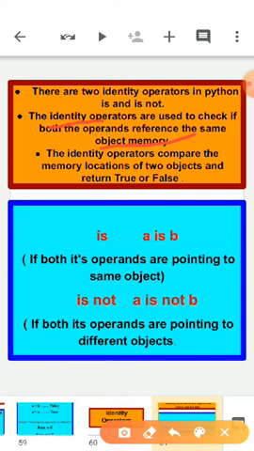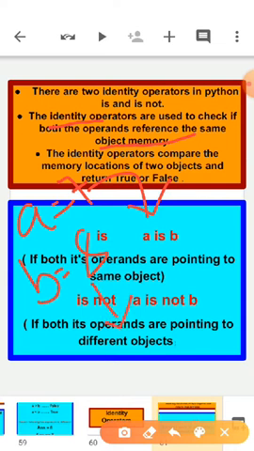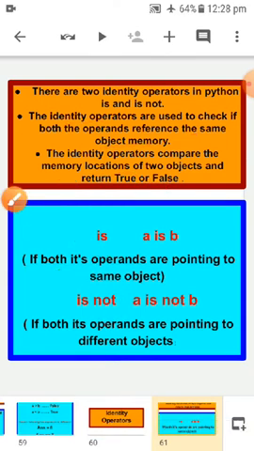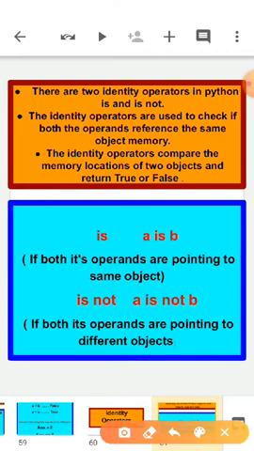See, if you have a equal to 7 and b equal to 8, a is going to be stored at one memory address and b at another memory address. If the question asks a is b, meaning a and b share the same memory address, the answer you will get is false, because a is 7 and b is 8, they will get different memory locations.